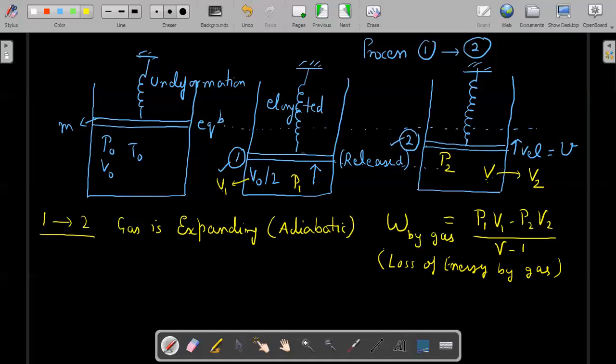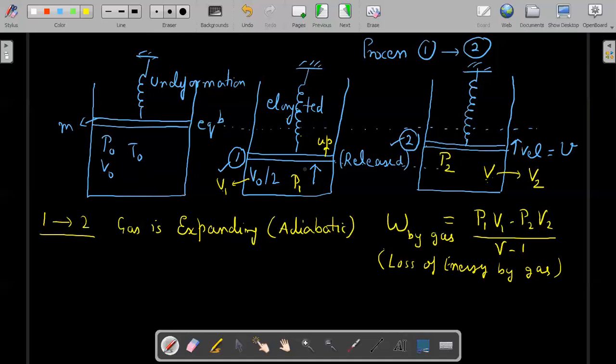During this process, when the piston is moving up, the extension or the elongation in this spring is being reduced. And since the spring elongation is being reduced, the deformation in the spring is being reduced, we are doing work on the spring, right?